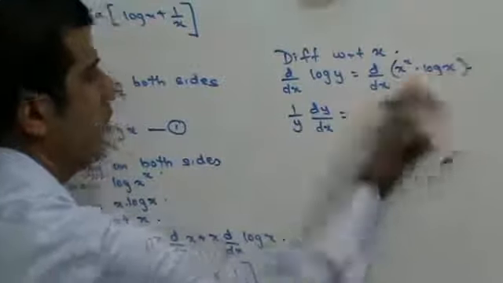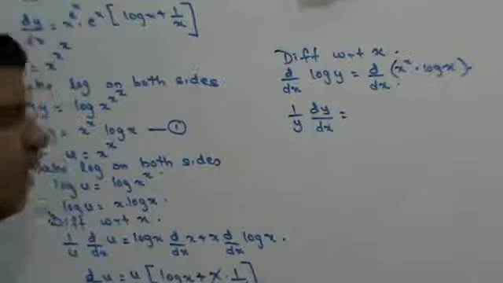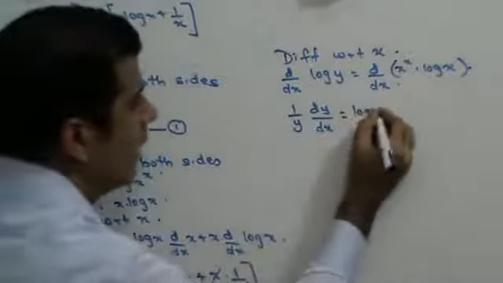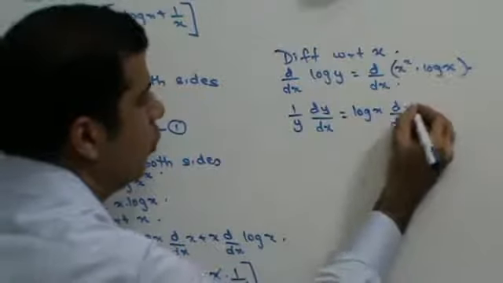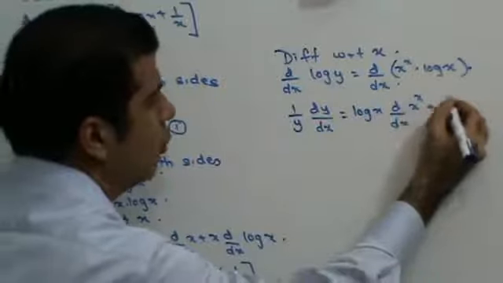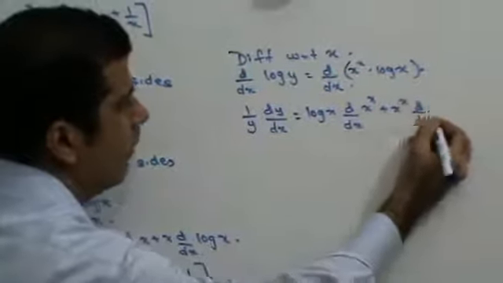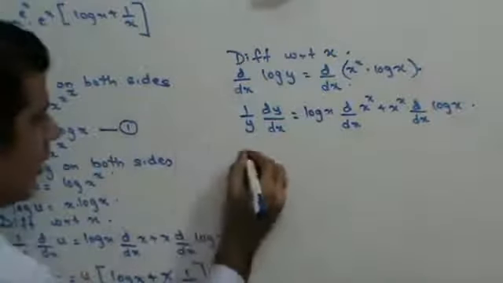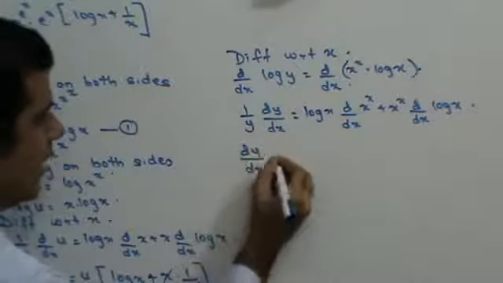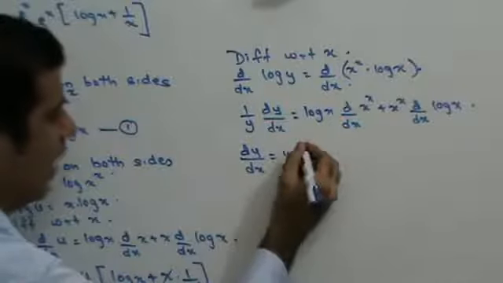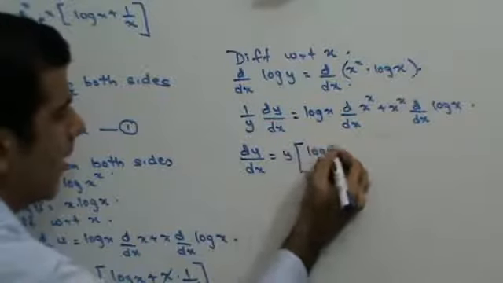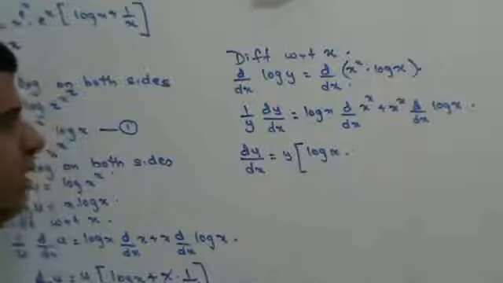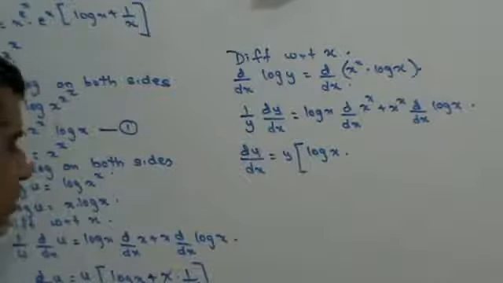Here again you will use the uv formula. This is v derivative of u plus u derivative of v. Take y on the other side, so you will get dy by dx is equal to y, log x into d by dx of x raised to x.